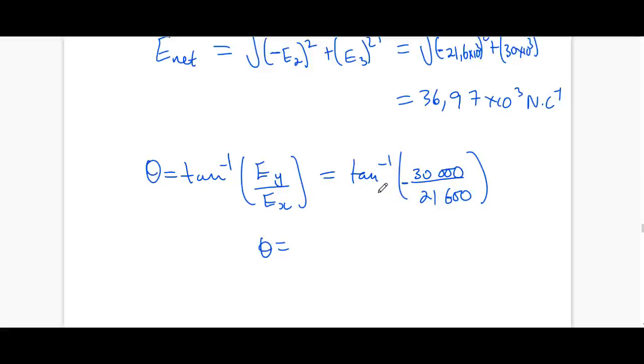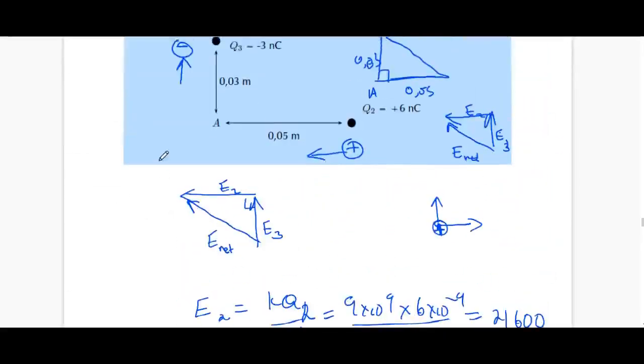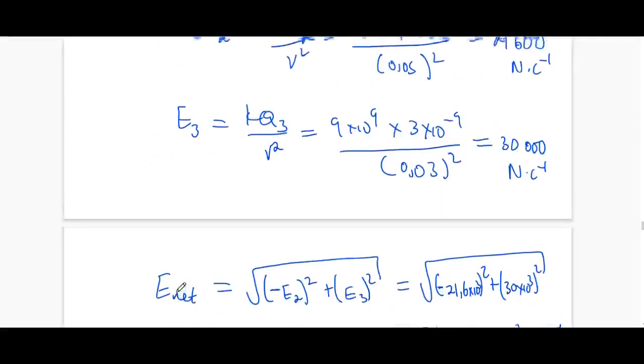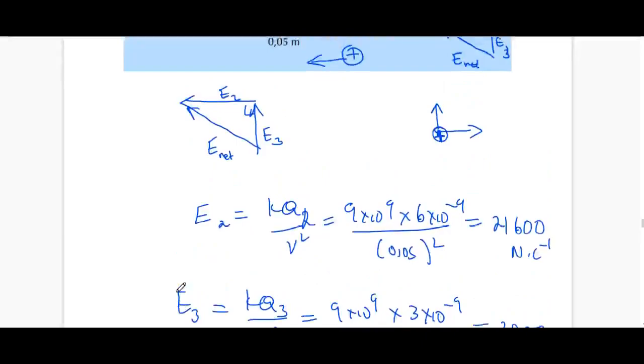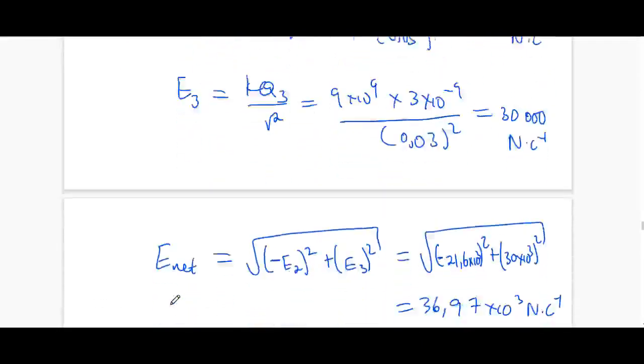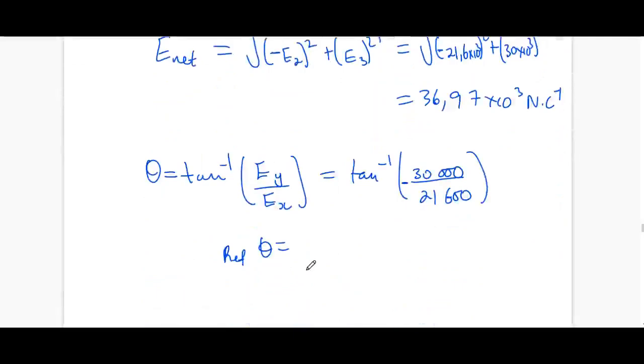It's negative here, so we have a reference angle of 89.96 degrees.